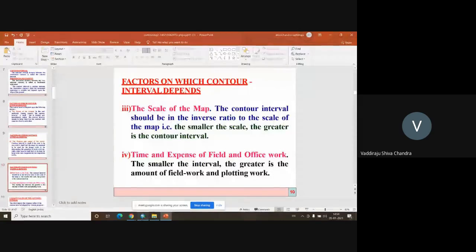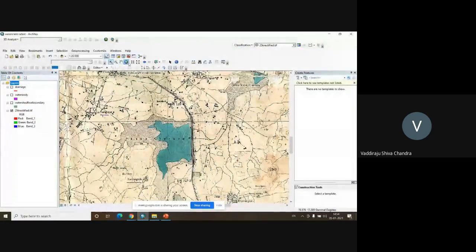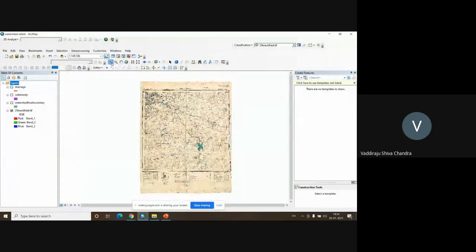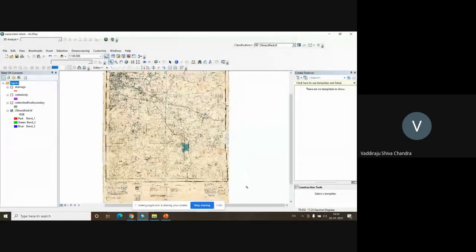Is the concept clear? Yes, sir. So what is a topographic map? It has all the features, including the agricultural vegetation and human settlements.